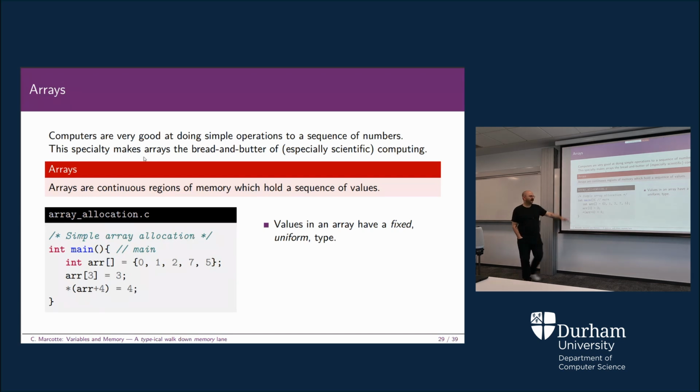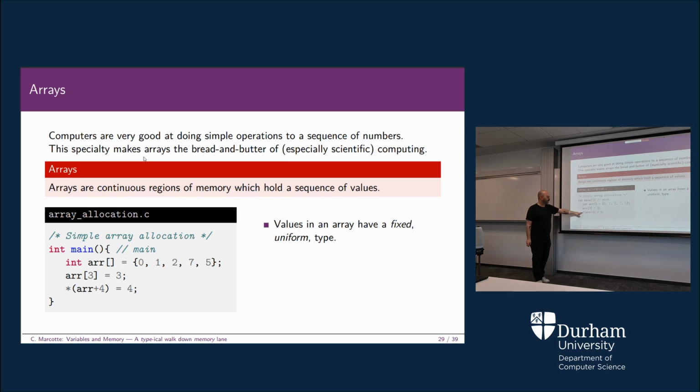This array is going to be allocated on the stack. That's what this syntax means. In the next line, we take the value at index 3 and set it equal to 3. And in the last line, we have a pointer to the array plus 4, and we set that equal to 4.